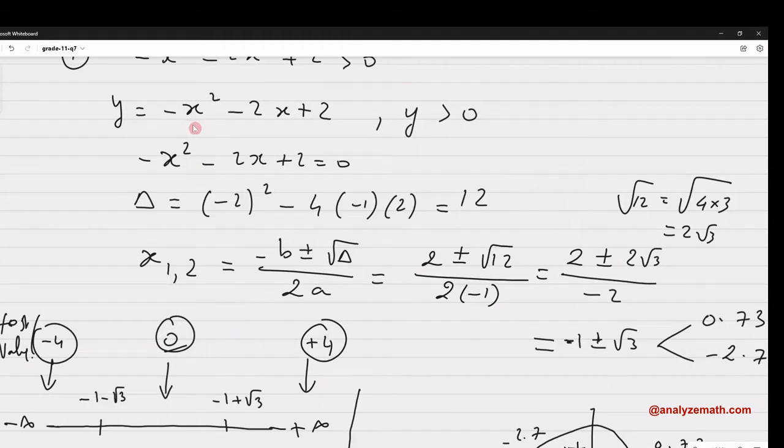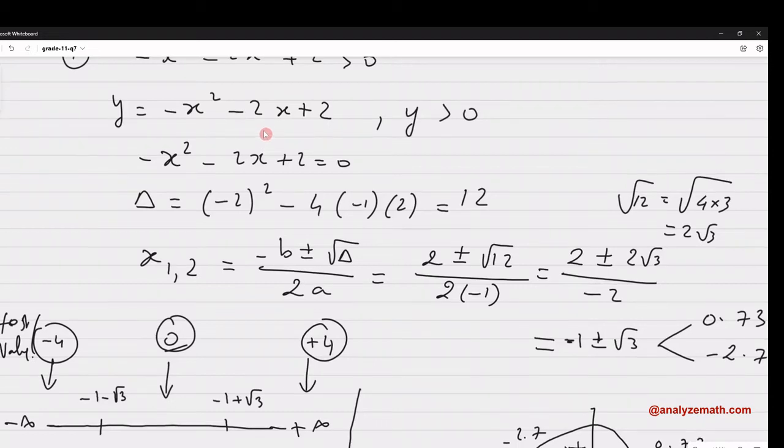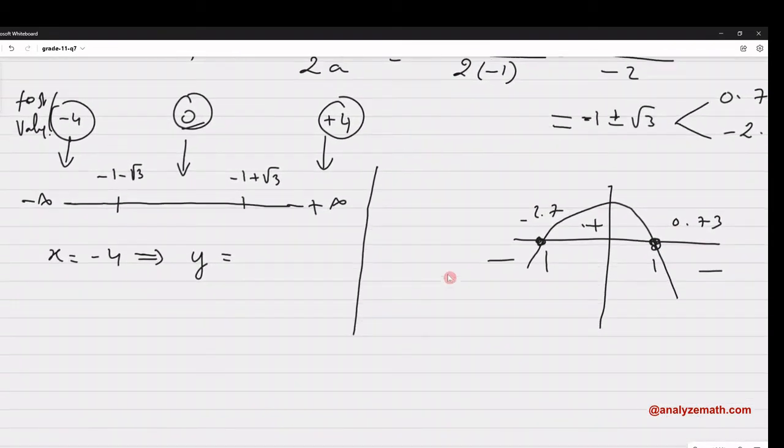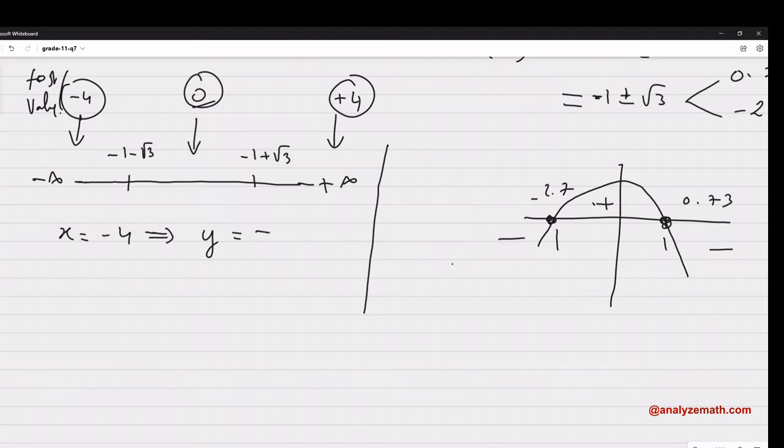That will give you -16 plus 8 plus 2. That will give you -6. And so you put the sign of the y here. So because of this, x equal -4 gives me -6. My y will be negative on all this interval.